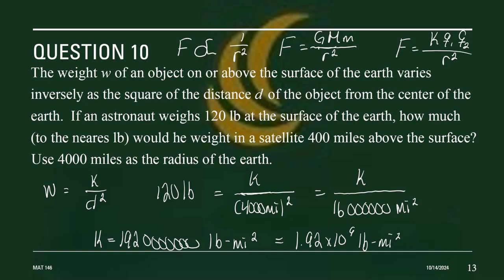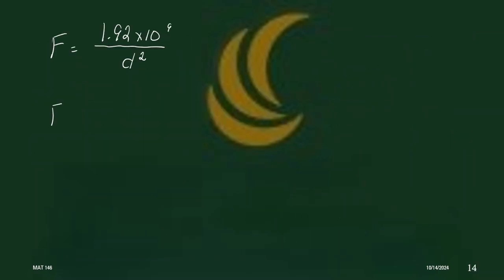So how much would he weigh in a satellite that's 400 miles above the surface? Why am I did F, it should be W. So it'd be 1.92 times 10 to the 9th divided by 4,400 squared.